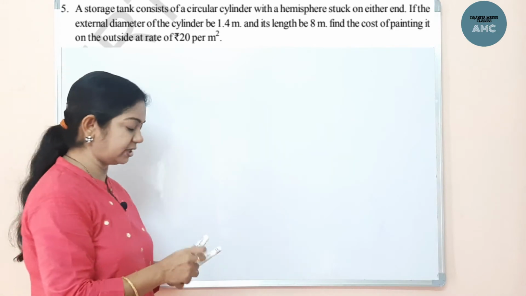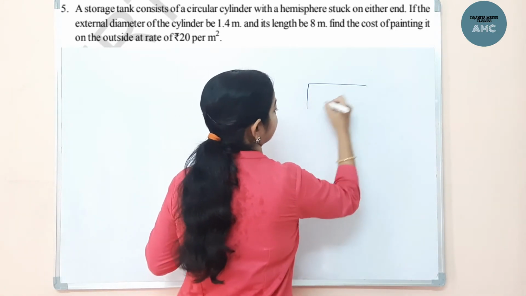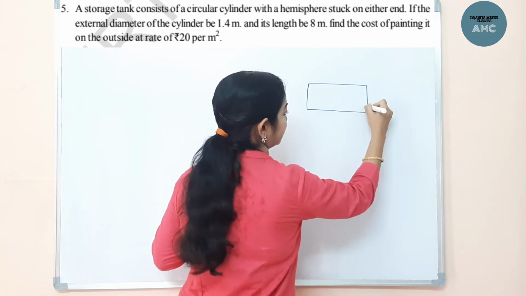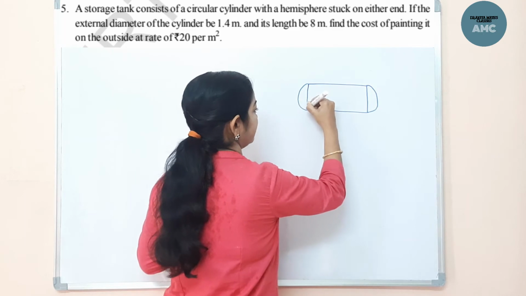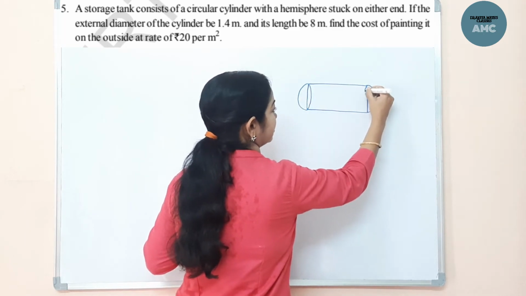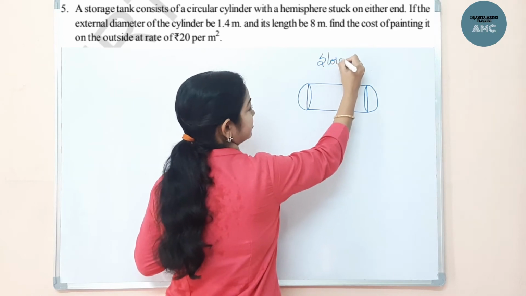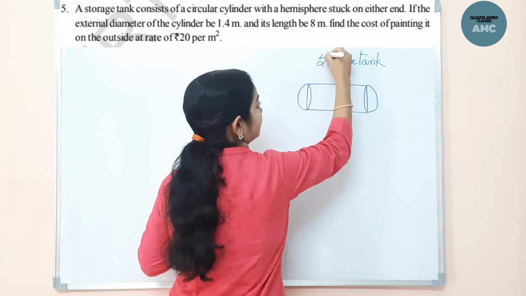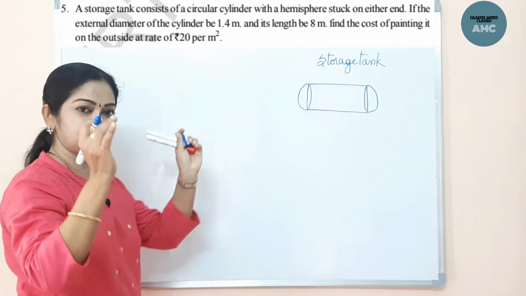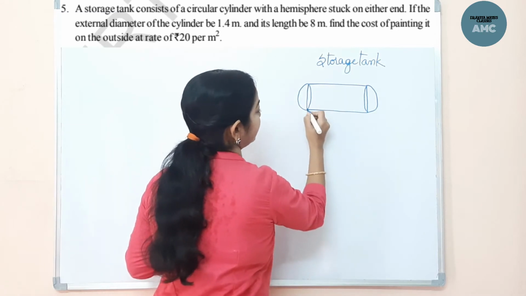Now here the storage tank is in the form of a cylinder. If I take a cylinder like this, same as the capsule, but this is a storage tank. Now both hemispheres are stuck to either end of the cylinder here.